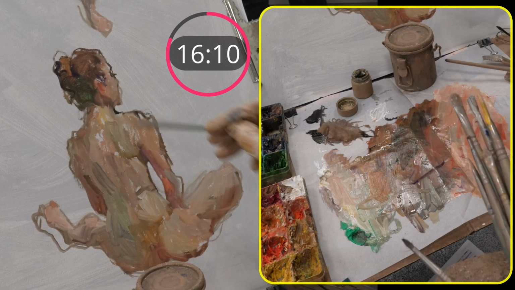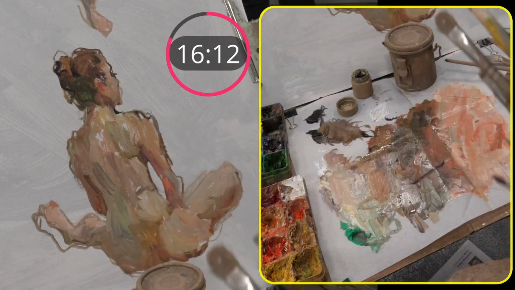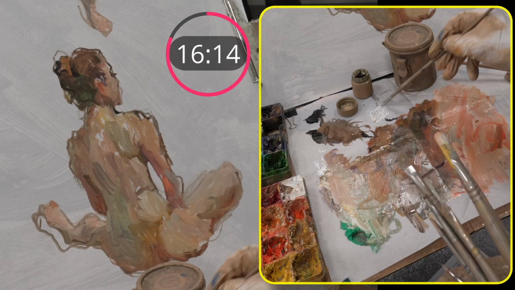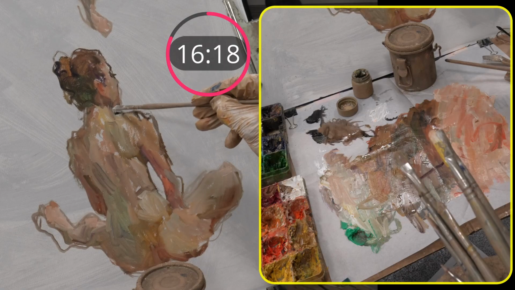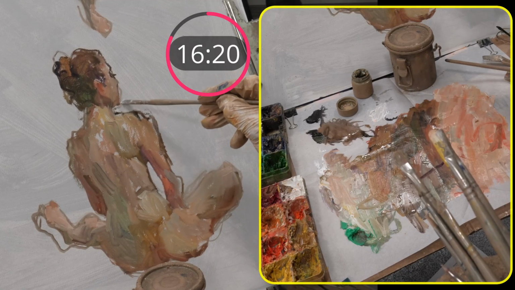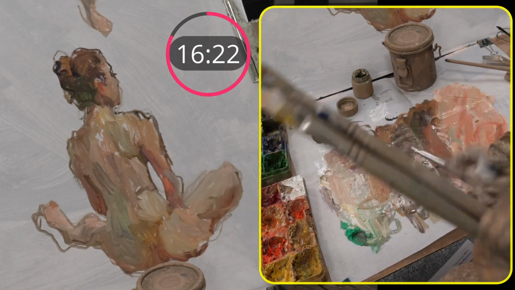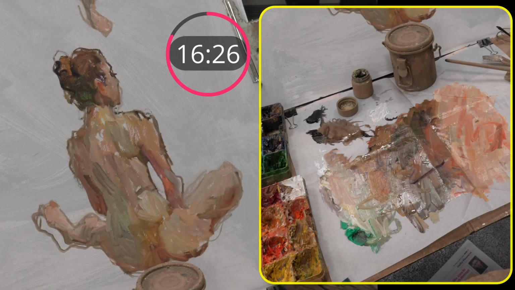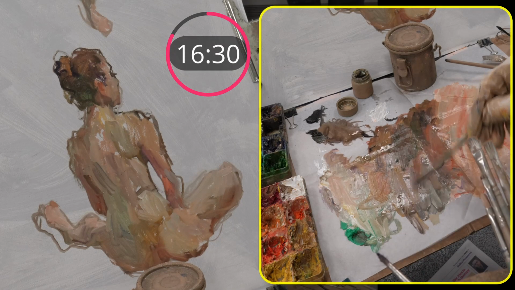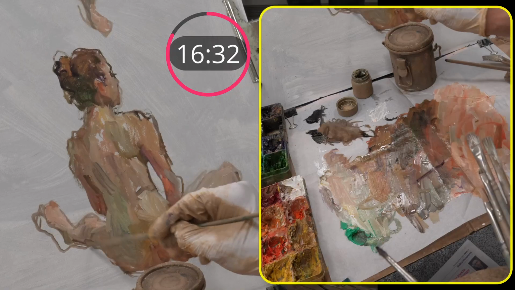You want to get this correspondence going between what you're looking at and the marking, so that there's a sympathy. And because you're who you are, the way that your drawings will look will be unique to you. And the more you get that relationship right, the more honest the drawings will be.